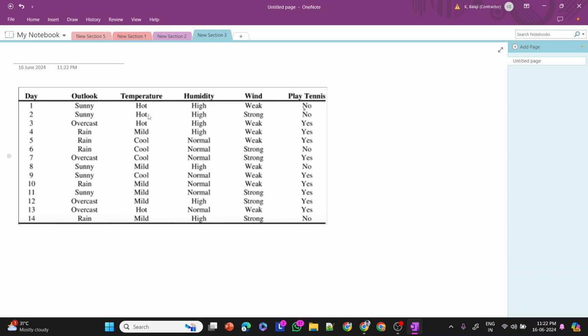Let's take Outlook as the root node, and Outlook has different categories like sunny, overcast and rain.